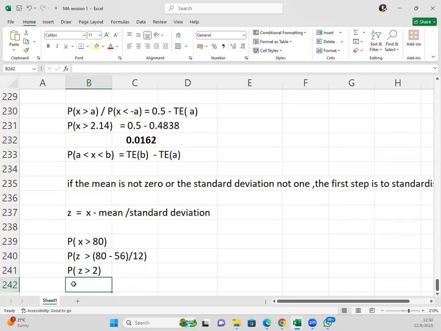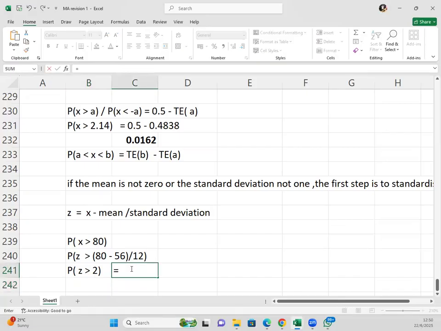Now remember, we can use the step I showed you, that if it's probability of greater than, we are now saying what? If it's greater than 2, because we can get 2 from the table, you say for greater than it's 0.5 minus the table entry 2.